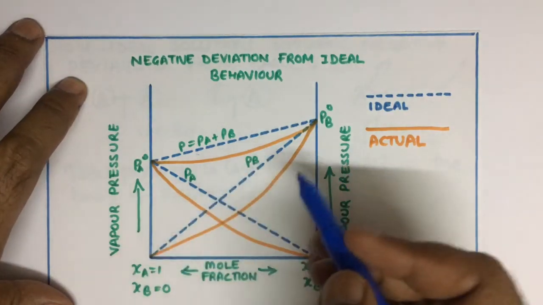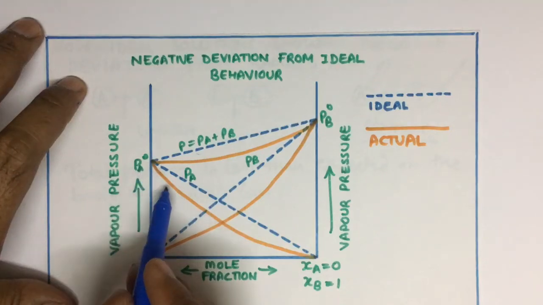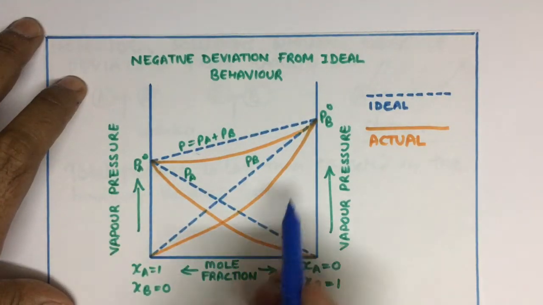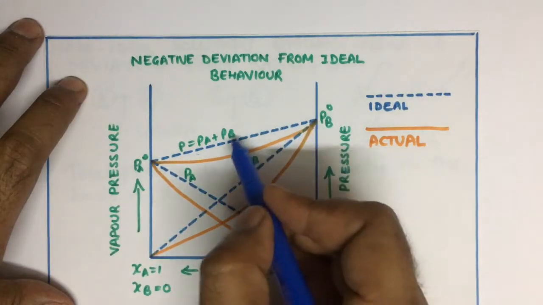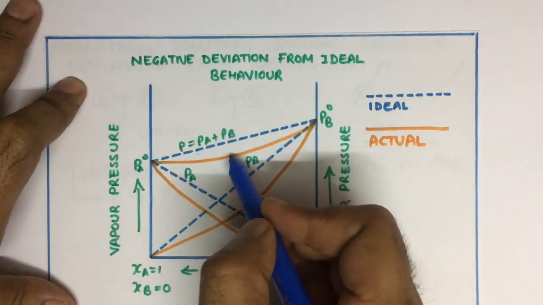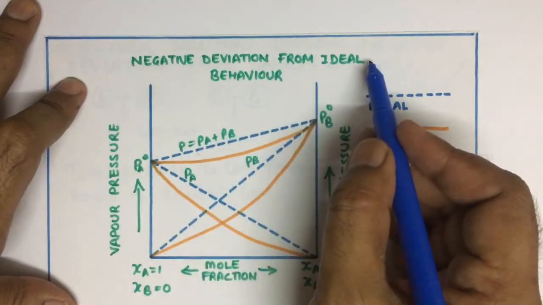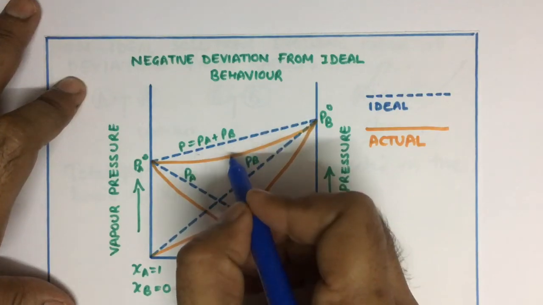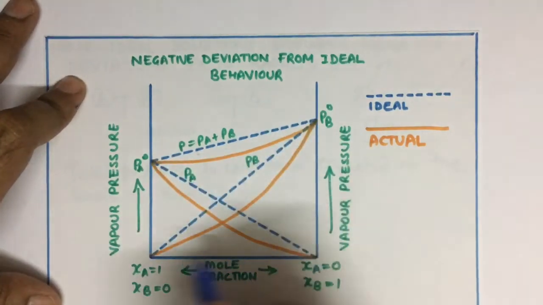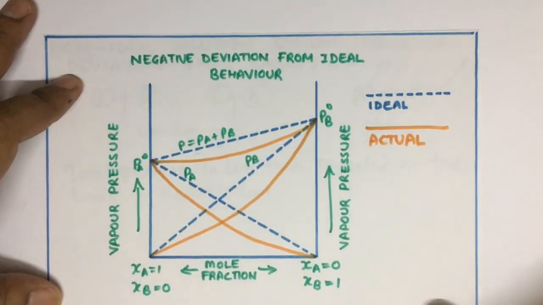You see that the actual line goes below the ideal behavior. So this is the vapor pressure of the solution. Vapor pressure is decreasing, so it shows negative deviation from ideal behavior. The vapor pressure expected from the ideal behavior is more and the actual is less.